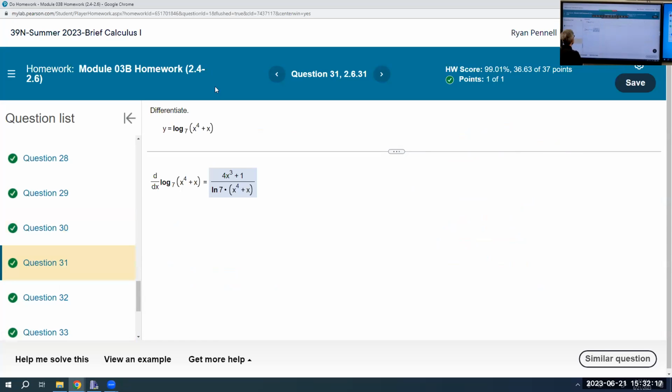We got here log base 7 of x to the 4th plus x. All right. Let u equal x to the 4th plus x. That would give me du/dx equals 4x to the 3rd plus 1.